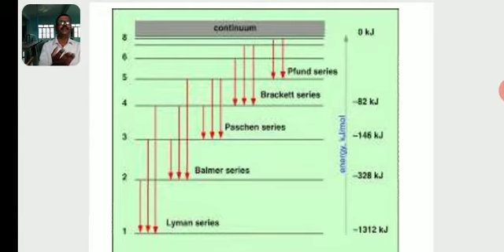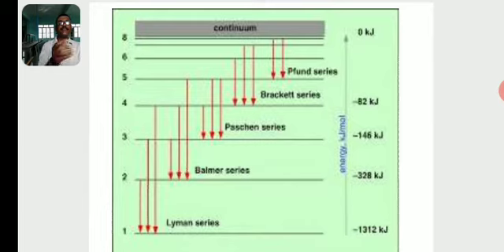So just see the diagram, where the Lyman series is obtained due to transition of electrons from a higher energy state to the first energy state. The spectral lines obtained in Balmer series are due to transition of electrons from a higher energy state to the second energy state.